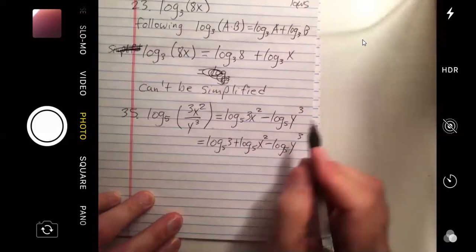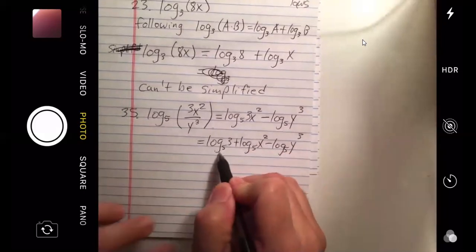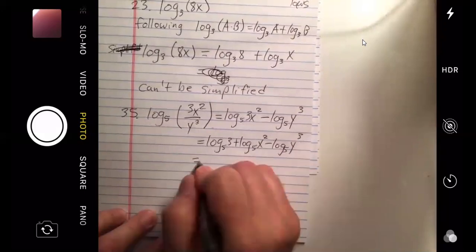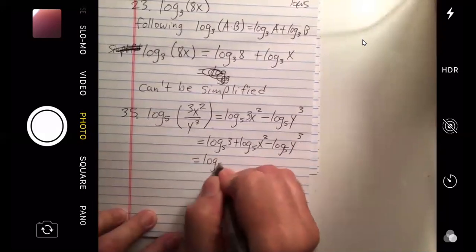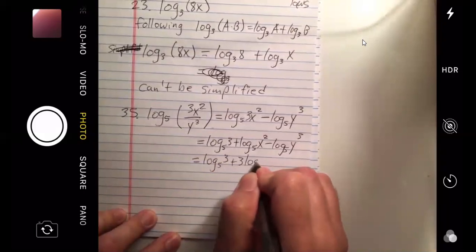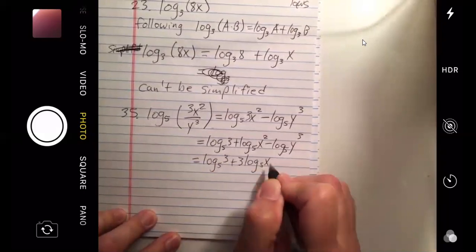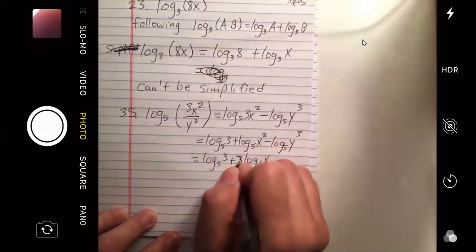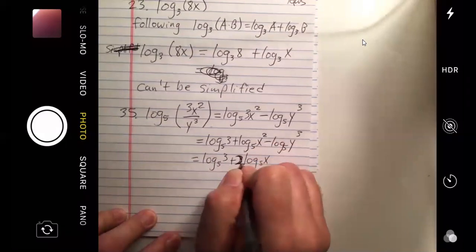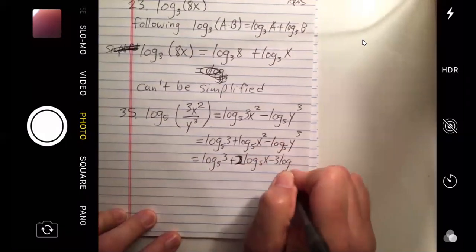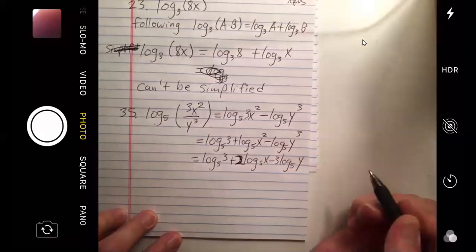This can't be simplified because the 3 and 5 don't match, but I'll bring all powers to the front by law 3. It's 2 log base 5 of x minus 3 log base 5 of y.